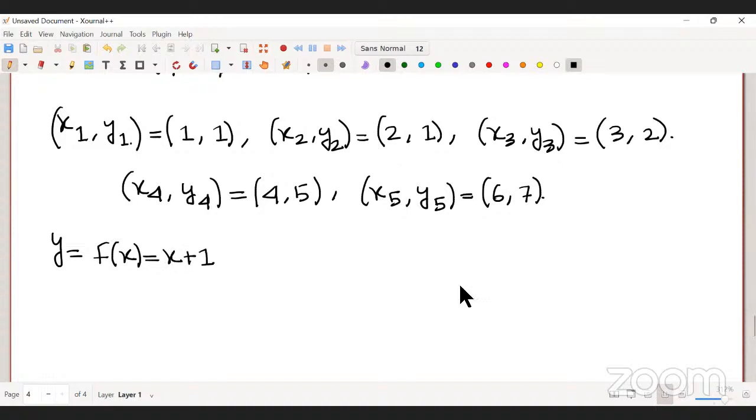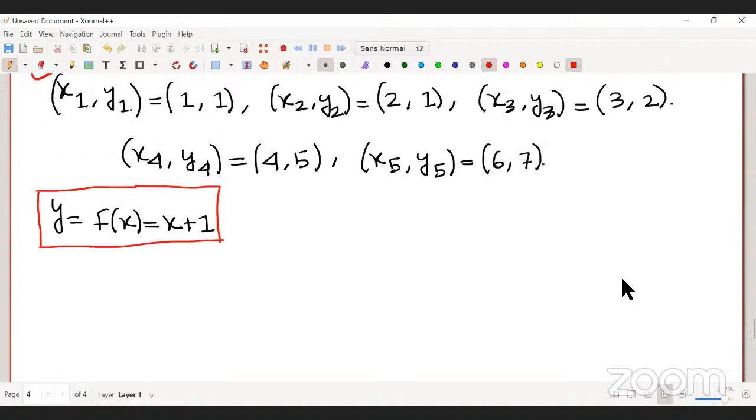For this given function, you need to find the SSE. So this is my function, and these are my data. For this set of data and for this given function, I need to find the sum square error.